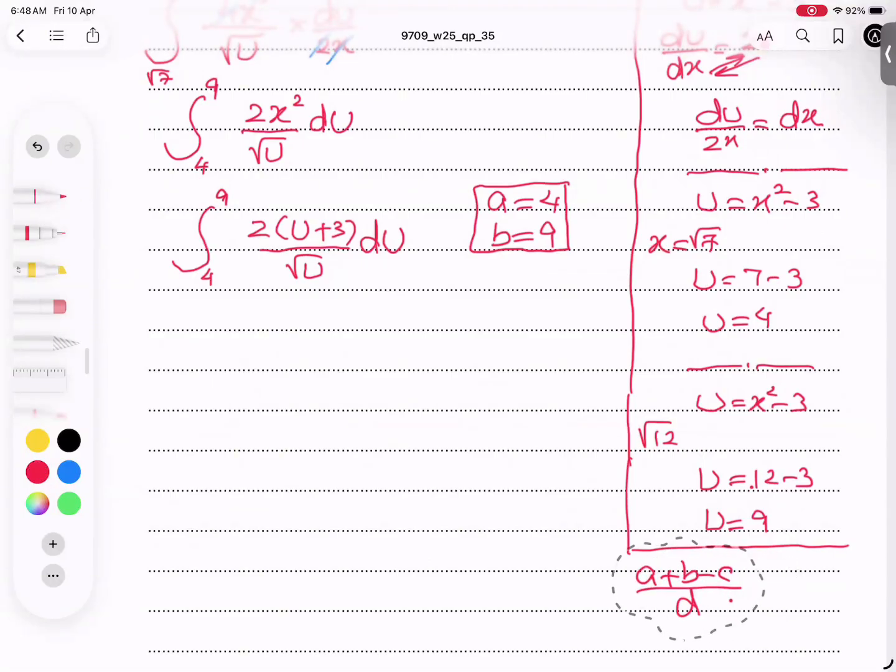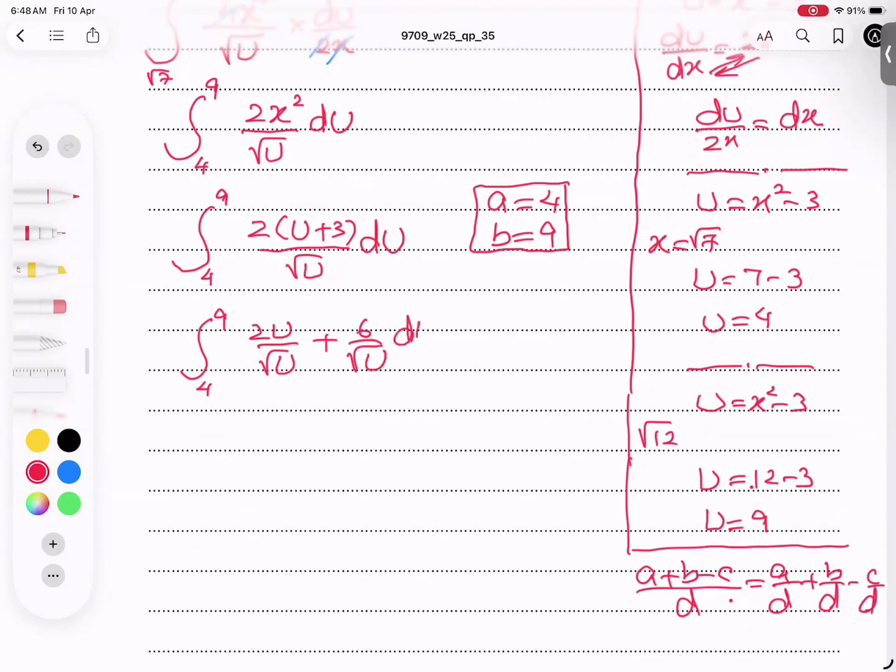The splitting criteria is very clear: A by D plus B by D and minus C by D. So same criteria here, I'm going to split. So 2u over root u separate, plus 6 over root u separate, and du.